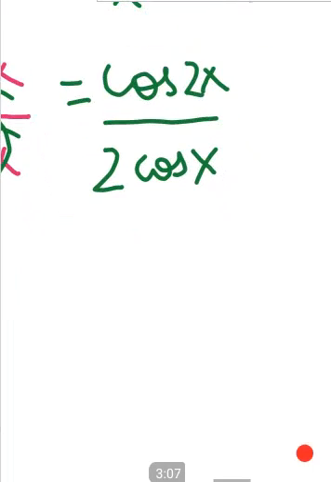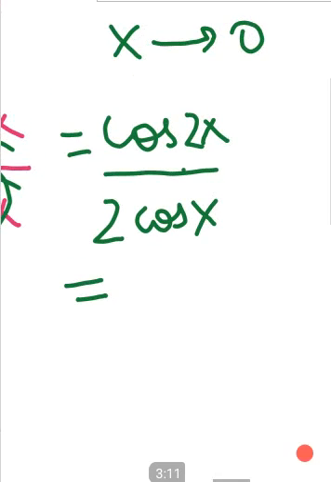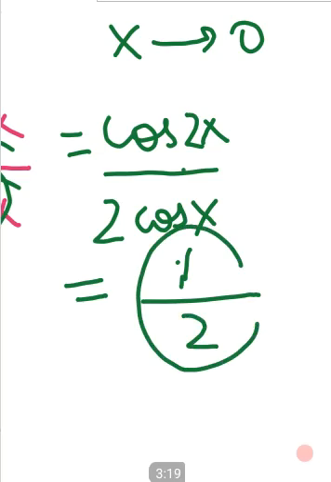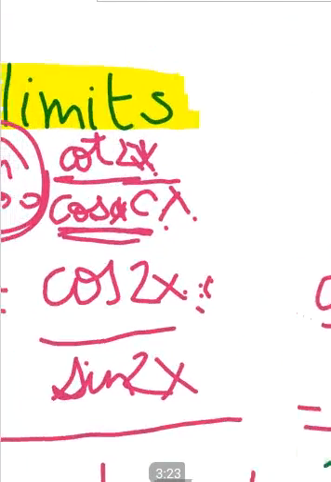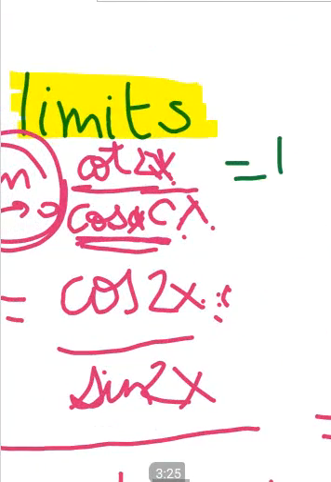So now we see whether it's defined or not. Cosine 2x, that is cosine 0, is just 1, over 2 cosine x, 2 cosine 0, that is 2. This is our actual answer to the limit, 1 by 2. So I write the question and answer again properly.